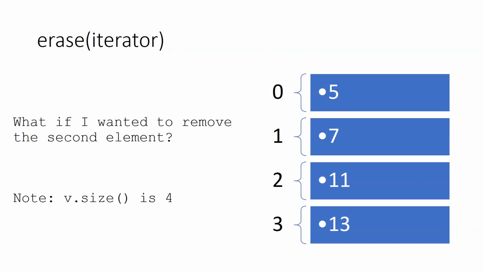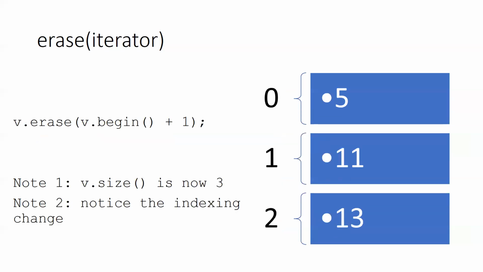So what iterator would that be? If I were using begin, it would be begin plus 1 because it's the second element. If I was using end, it would be end minus 3. Okay, so I guess the easier one to use for most people would be the begin.